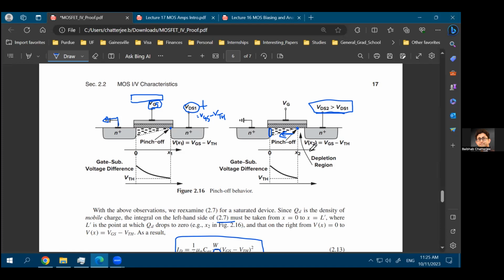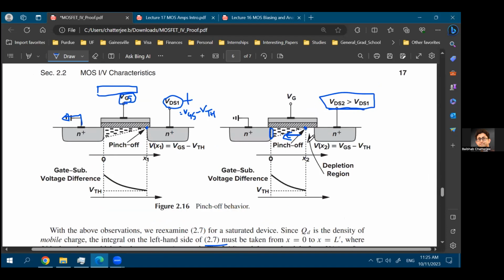Just from these two figures that we drew earlier, we showed that as you apply a VDS, you have a pinch off, and that pinch off point can move toward the left as you apply more and more VDS. What is the definition of L prime? It is this effective channel length, from the source to the pinch off point. As the pinch off moves towards the left while we apply more and more VDS, it means that L prime is a function of VDS.